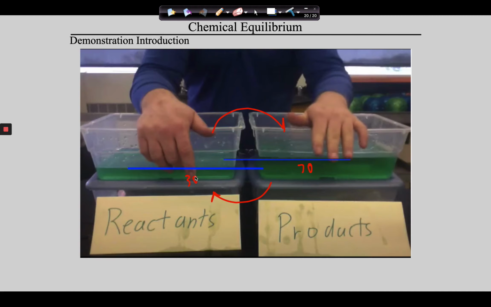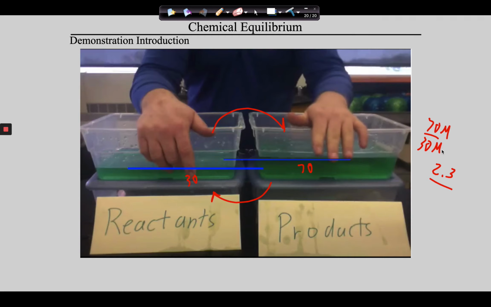This 70-30, or 7 divided by 3, which is 2.3, this doesn't change. It really is a constant. And you'll see that these values, these molarity to molarity ratios, you can actually look up in books for real chemical reactions. Again, we'll talk more about that next time.